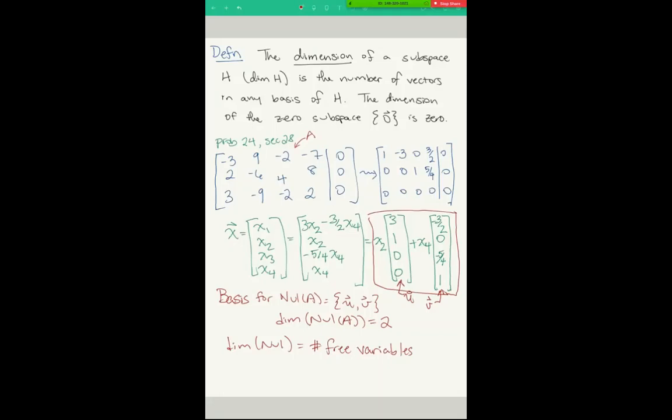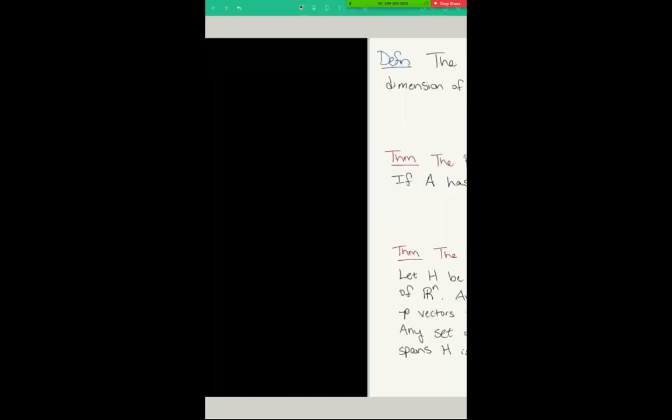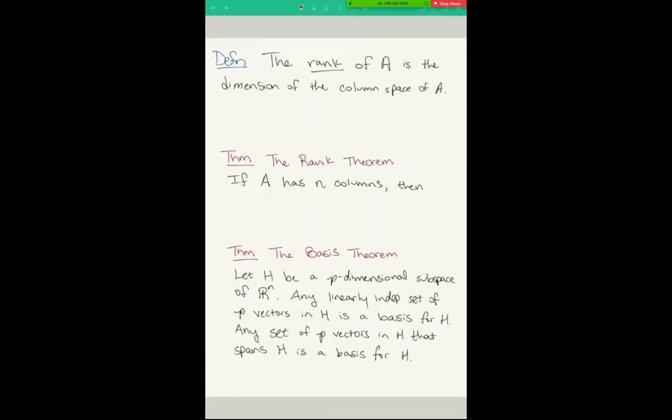Okay, so we just talked about the dimension of the null space. Our other subspace that we were focusing on last time was the column space. The dimension of the column space has a special name: it's called the rank. The rank is just the dimension of the column space, the dimension of the space that those columns span.